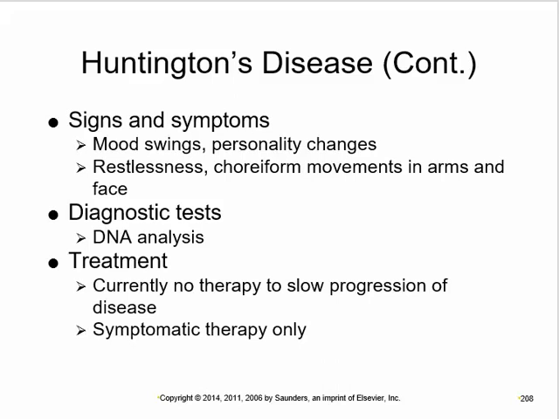So it's this repetitive. It's not a tremor. It's more of this repetitive movement. We can now do DNA analysis to see if it's there. There's really nothing that's going to slow the progression, so they just treat it symptomatically. It's symptomatic relief as much as they can.